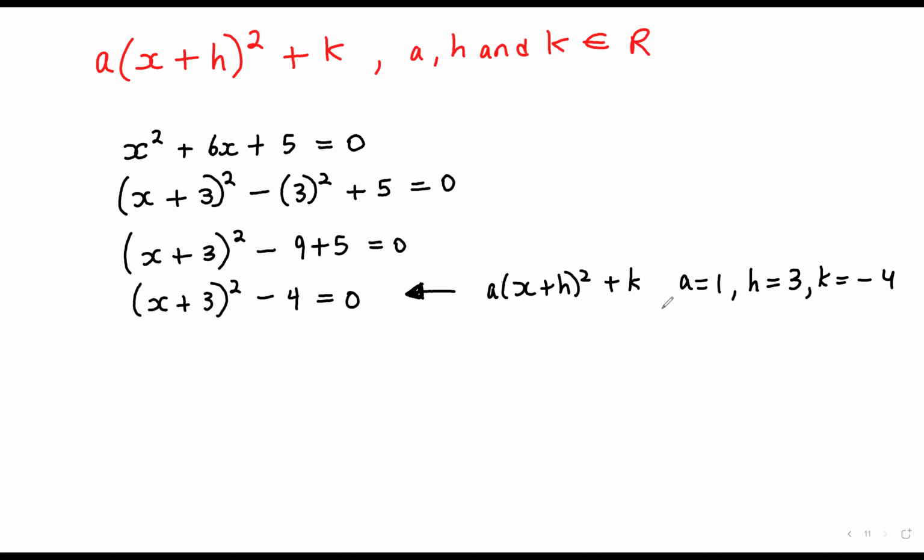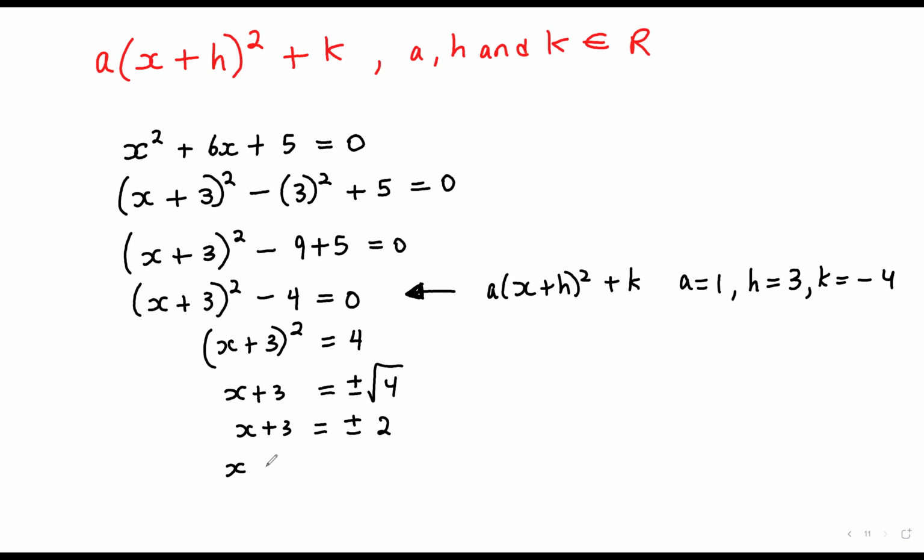You could solve the quadratic from here, by the way, because you can now make this x plus 3 all to be squared is equal to, you move 4 to the other side, so it will become 0 plus 4, which gives me 4. And then to get x plus 3 alone, you would have to take the square root of both sides. So x plus 3 will be plus or minus the root of 4. So then x plus 3 is equal to positive or negative 2.